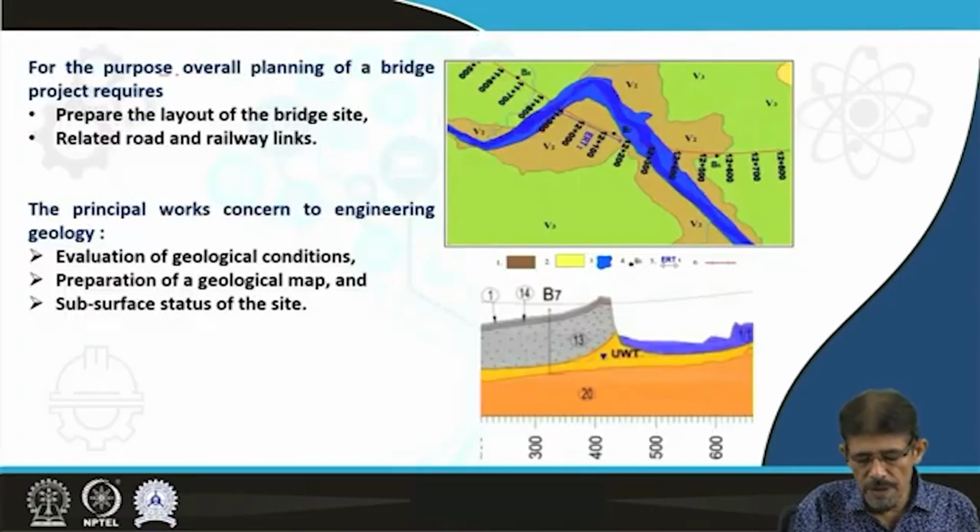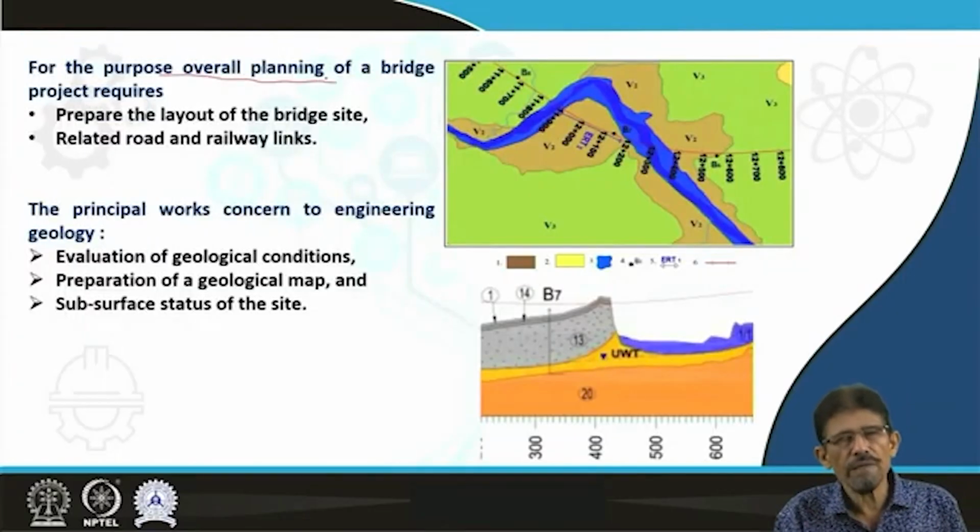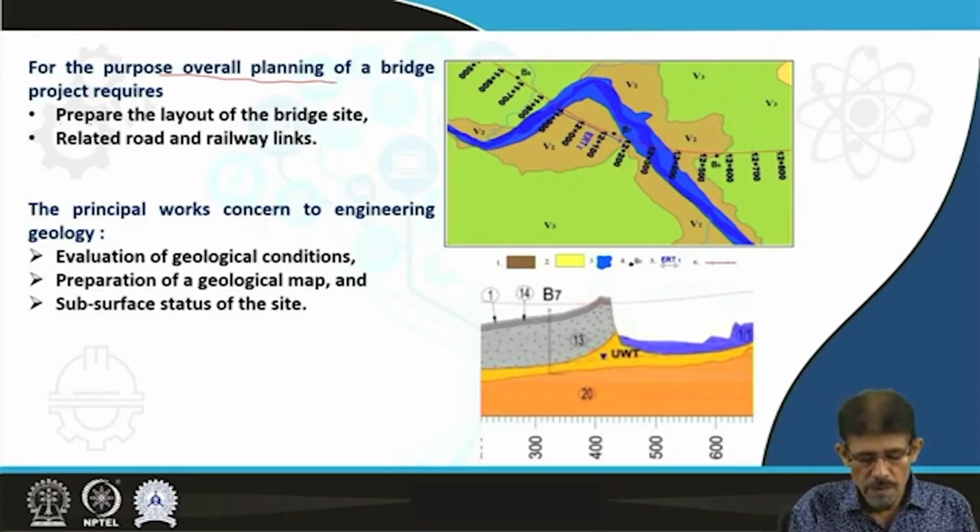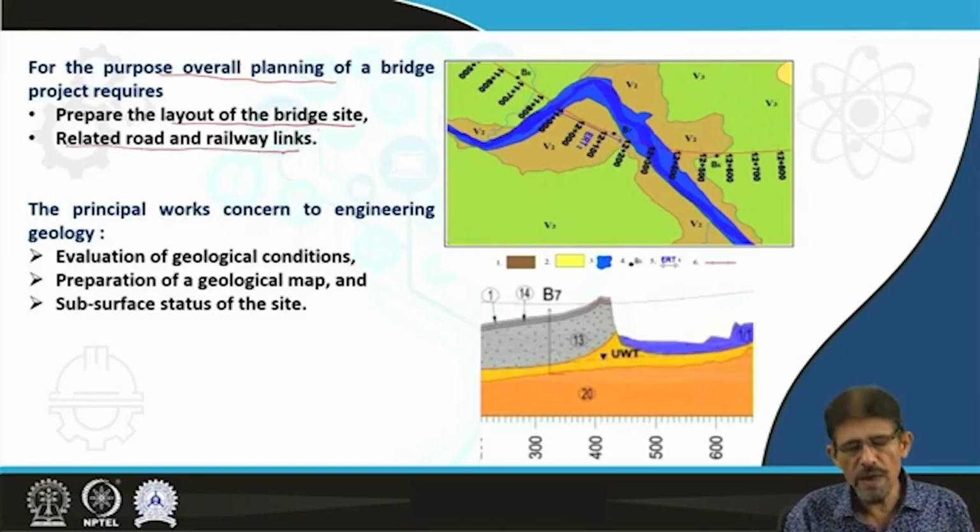The overall planning of a bridge project requires preparation of layout of bridge site and related road and railway link at the initial stage.